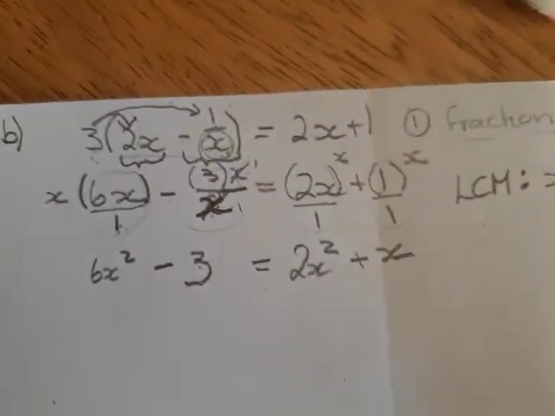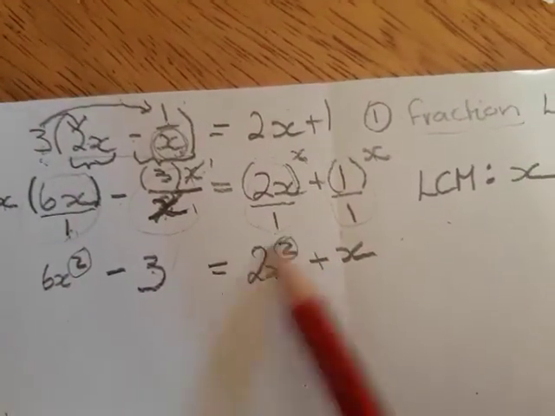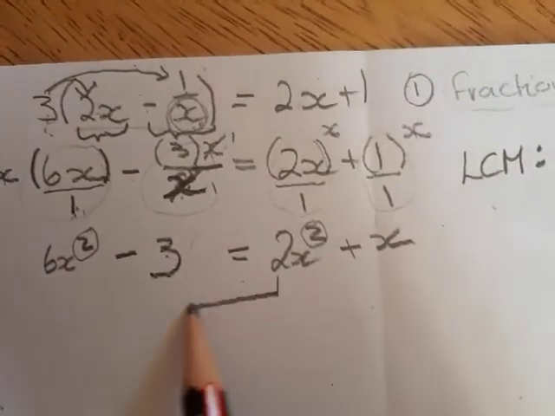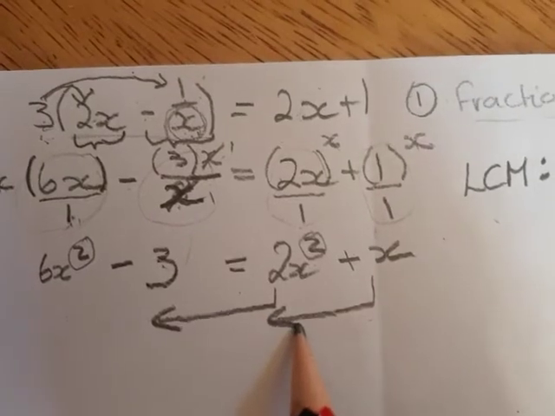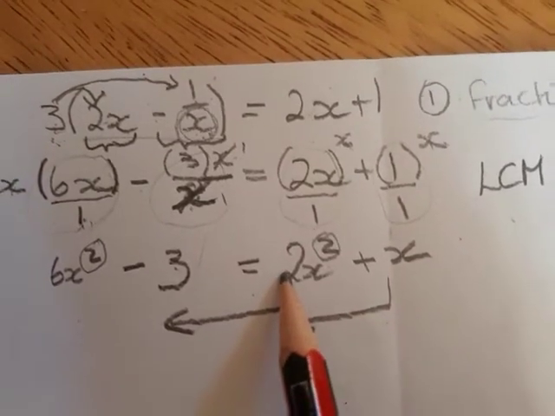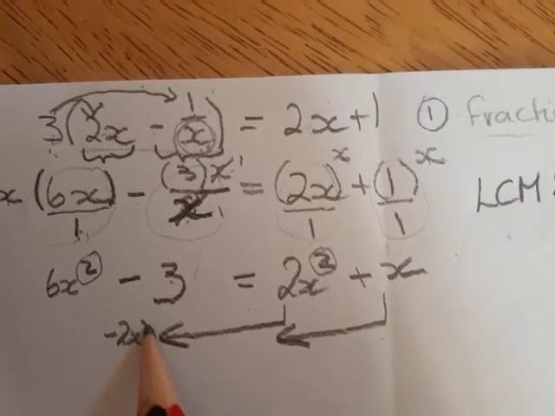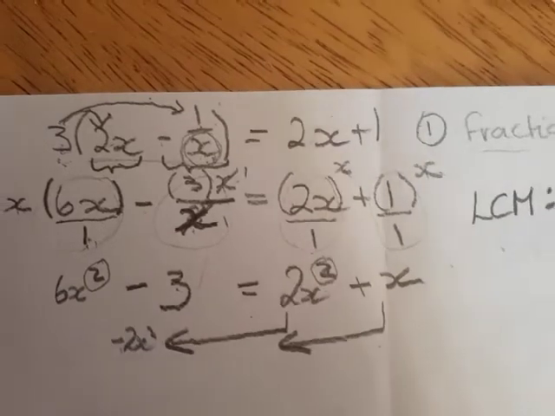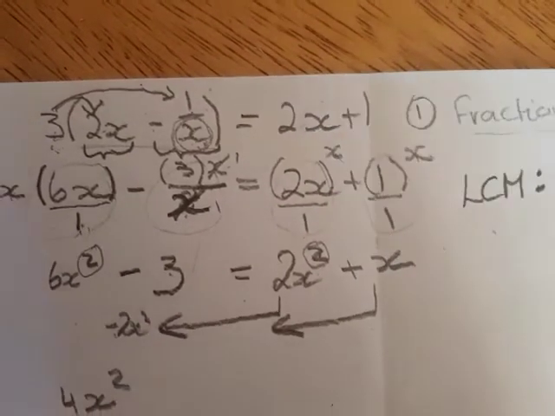Now you can already see we've got a quadratic equation because we got x squared, which means we will take all over to the left hand side. This 2x squared becomes -2x squared. So 6x squared minus 2x squared gives me 4x squared.